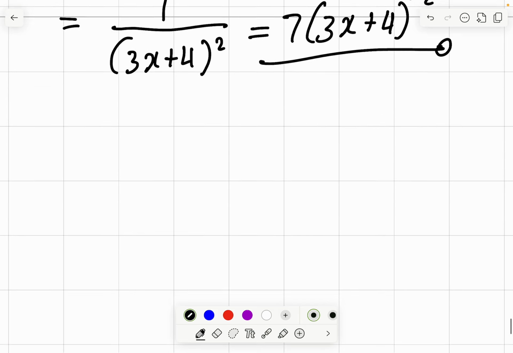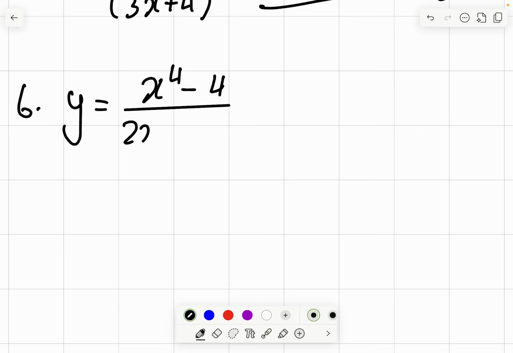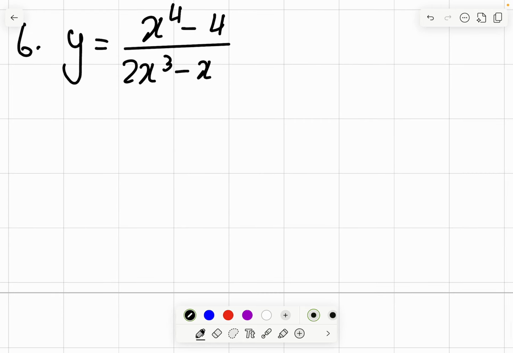So let's go to number 6. Number 6, it says we have y equals x to the 4 minus 4 divided by 2x cubed minus x. If we have y as the subject of the formula, they are saying differentiate.